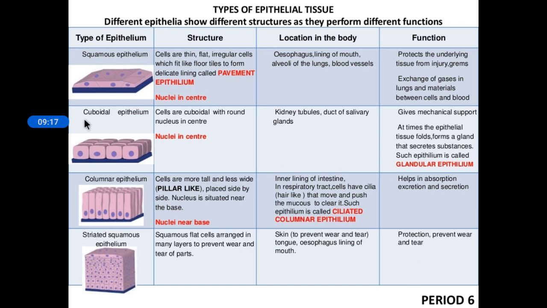Now here you can see the second one, cuboidal epithelium. The cells are cube shaped, cuboidal, with a round nucleus at the center. Where is it located? In the kidney tubules and ducts of salivary glands, which help in the secretion of saliva.